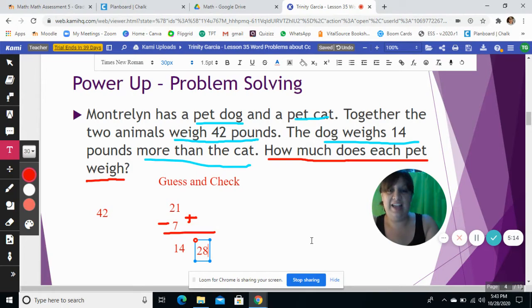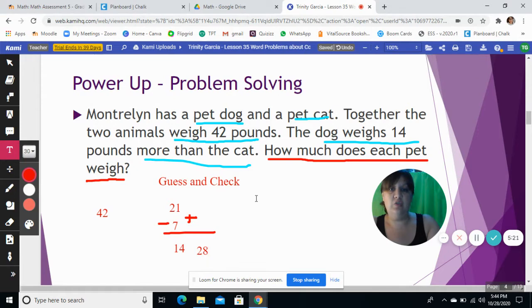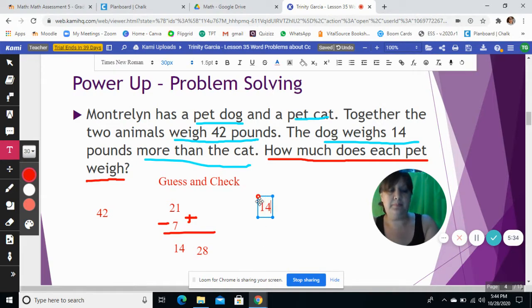So now we can check our work and see if 28 is 14 more pounds than 14, and we know that's true. So now we need to add and see if 14 plus 28 equals our sum. Okay, so 8, 9, 10, 11, 12.